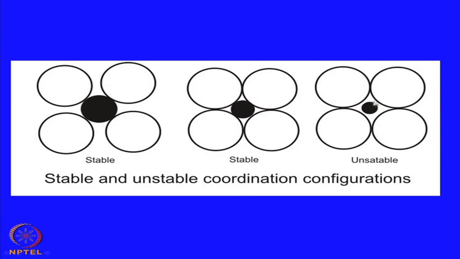So, there is a gap, and according to the structural requirement, this is an unstable structure. This is not a very feasible structure. So, a cation cannot go inside, and therefore in an oxide you may not have this kind of situation. In any compound it is an unusual and unstable situation.